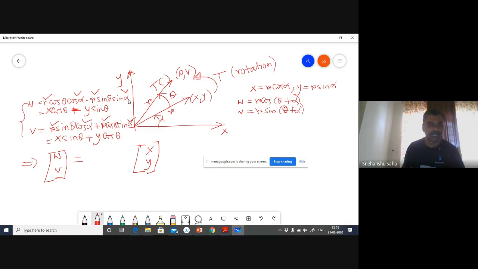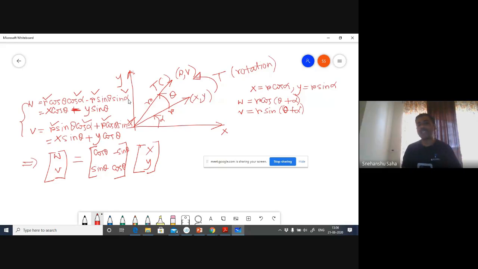Now, how do we achieve this rotation? Simple. Cosine of theta, minus sine of theta, you simply read off from the equations, and sine of theta and cosine of theta.